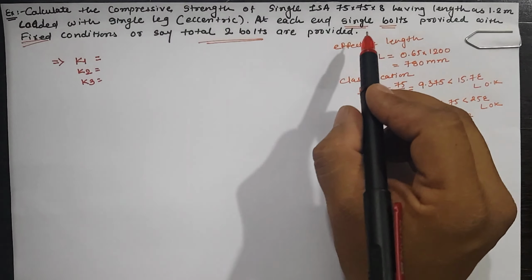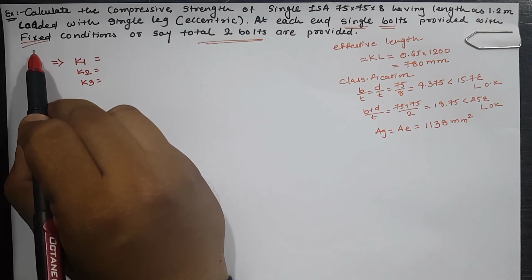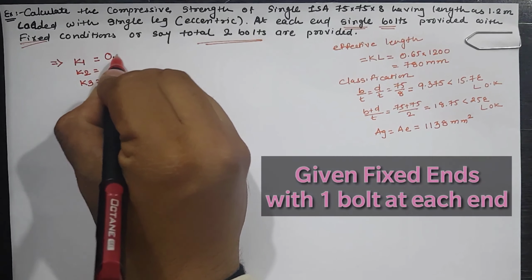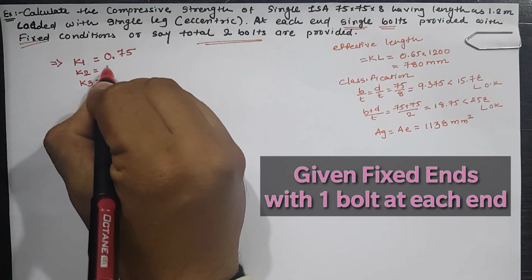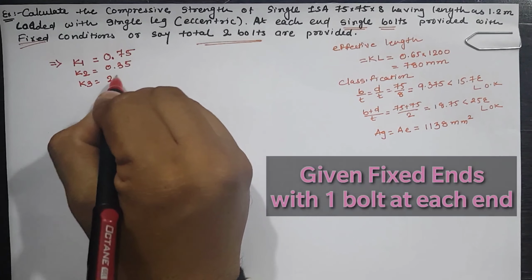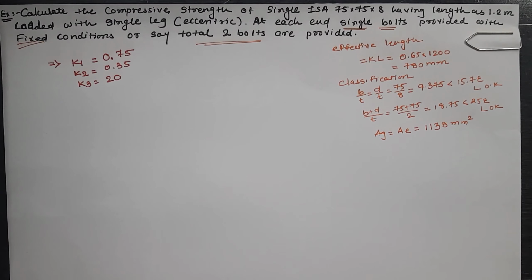We have a single bolt at each end with fixed condition. So from Table 12, page number 48, K1 is equal to 0.75, K2 is equal to 0.35 and K3 is equal to 20. The K1, K2 and K3 factors are taken for the fixed or hinge condition according to the given data.